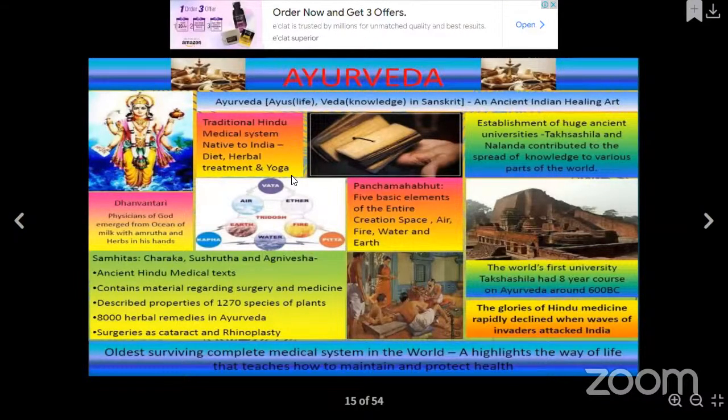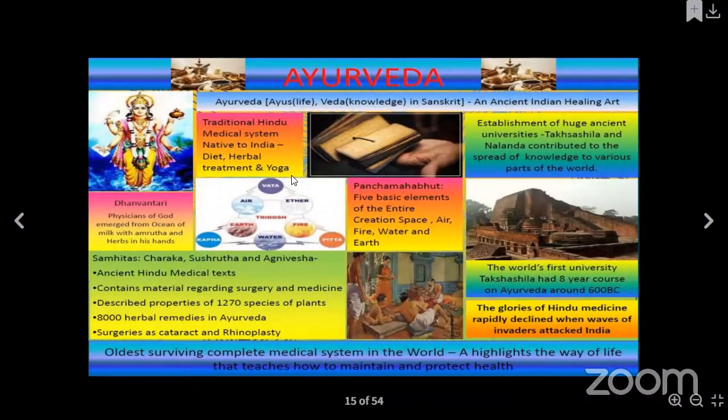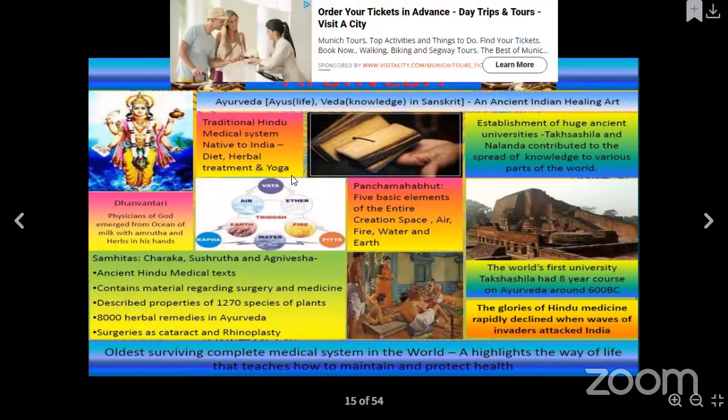While you are taking medication, what kind of diet you should have, and its importance for your particular disease, is already documented in Ayurveda. The establishment of huge ancient universities, Takshashila and Nalanda, contributed to the spread of Ayurvedic knowledge to various parts of the world.